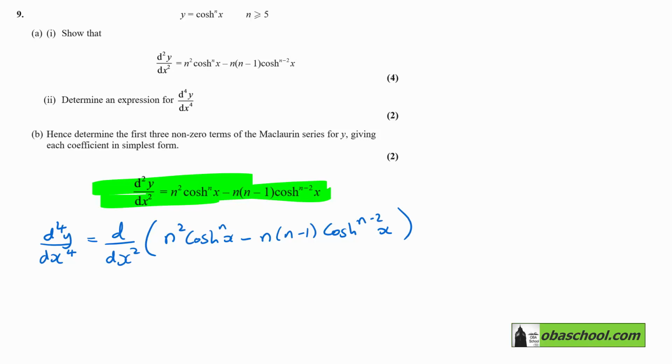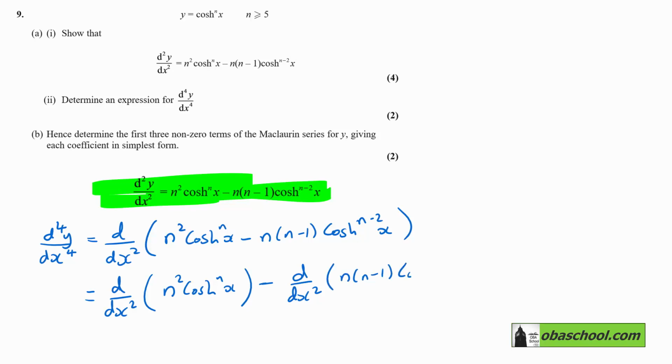And of course, we just differentiate term by term. So you can think of that as being d dx squared of n squared cosh nx, and then take away d dx squared of n minus 1 cosh n minus 2x.